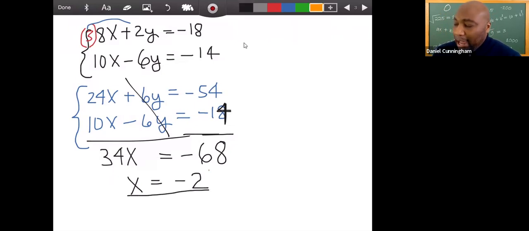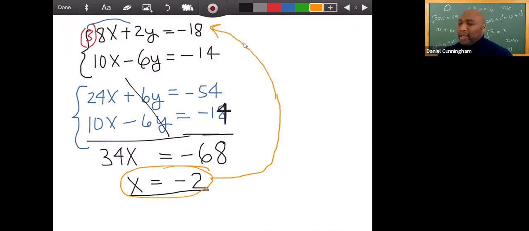So I'm halfway done. What do I do? I plug this negative 2 in for x into either of the equations. It doesn't matter which one. In this case, I'm going to plug it into the top one, and then solve for y, and that'll give me my y value.